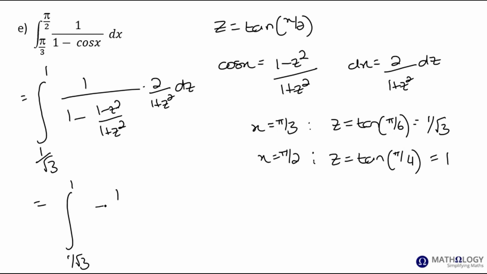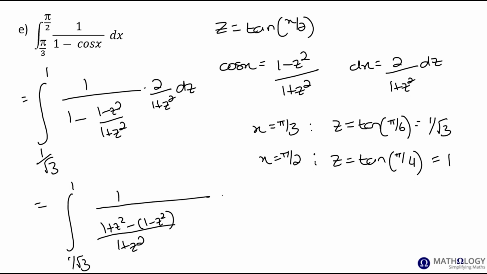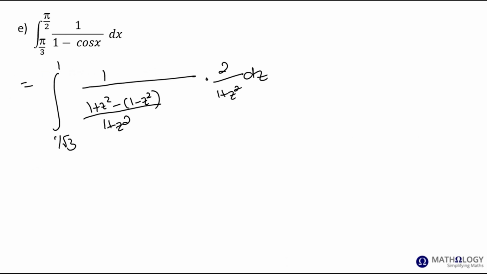So we can get a denominator over here, a single fraction. So we have 1 plus z squared minus 1 minus z squared, times 2 over 1 plus z squared dz. That's the integral from 1 over root 3 to 1.